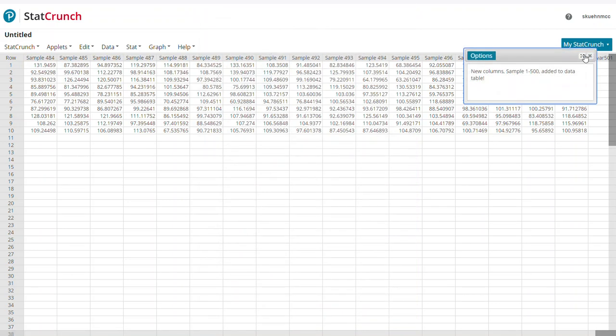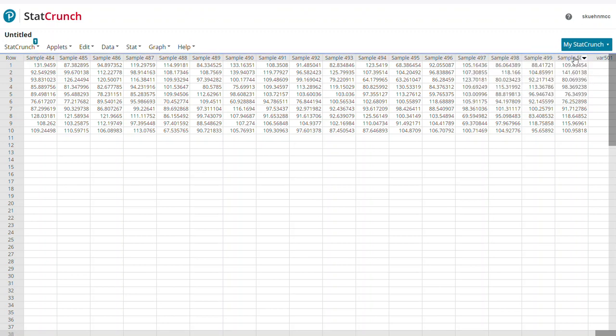Compute. So what we're looking at here are 500 different samples, and each one of these samples contains the IQ score from 10 randomly selected different people. So I have IQ scores in this last sample here ranging from 76.25 all the way up to, it looks like, 141.